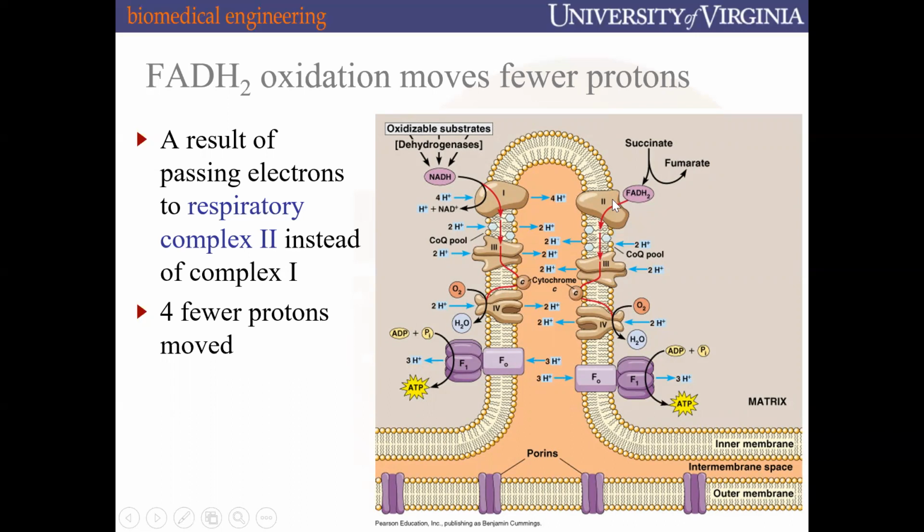Also just to remind you that the electrons that it is working with are coming from the flavin adenine dinucleotide, so the FADH2. What's interesting is that if you remember, this reducing equivalent is coming from the succinate dehydrogenase reaction that we talked about earlier.